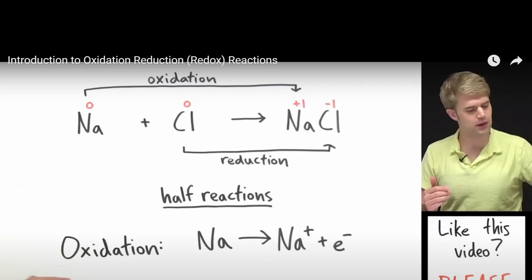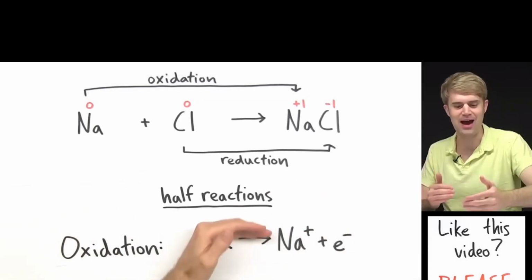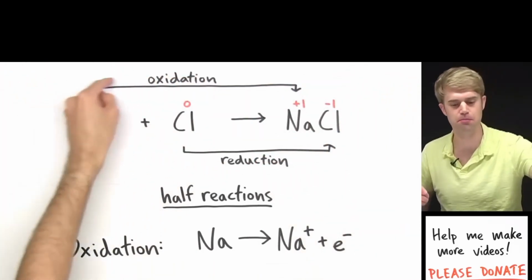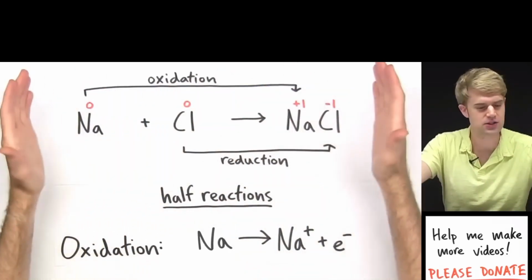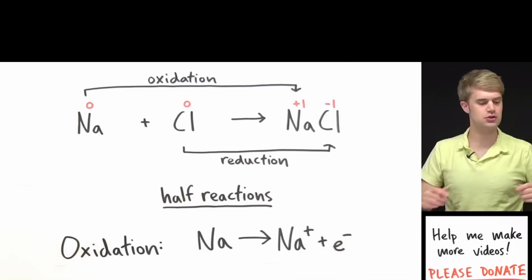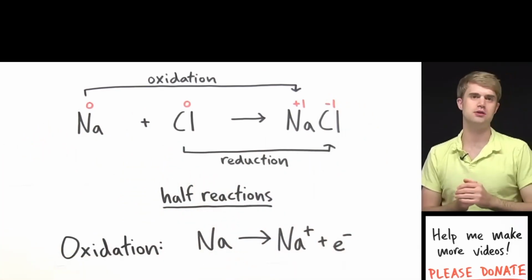And you're going to learn how to balance some tricky equations this year that you would have had a lot of difficulty with last year when you were just trying to do it by putting coefficients in front randomly. Yeah? Either oxidation or reduction, and they're called half reactions because they each kind of tell half the story. You put them together and you get the big picture reaction that shows both oxidation and reduction. So for every oxidation reduction reaction like this one, you can write two half reactions, one for the oxidation that takes place and one for the reduction that takes place.